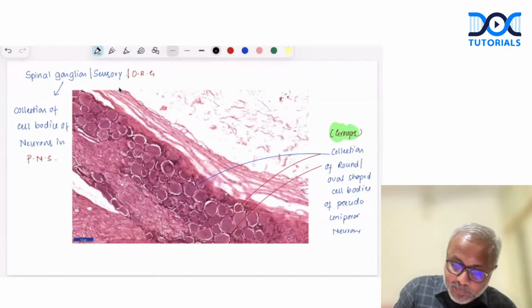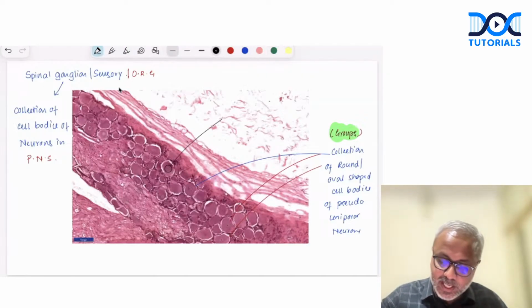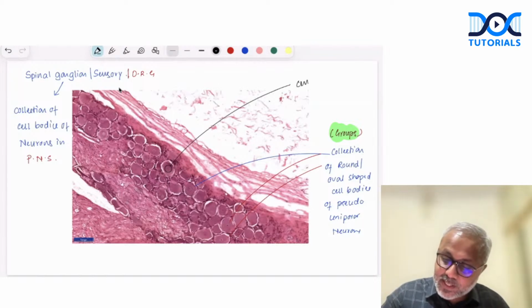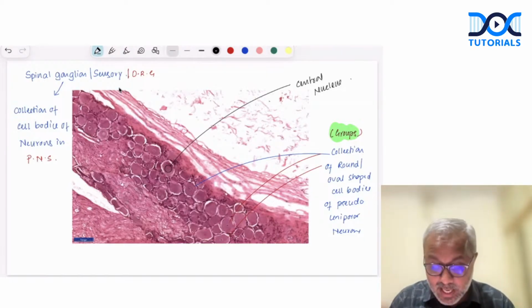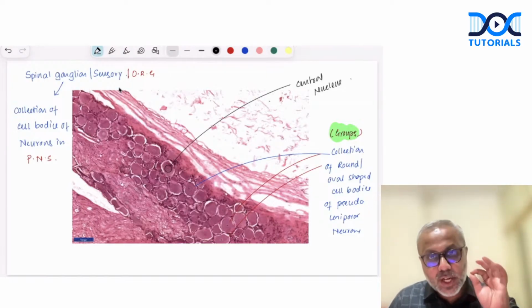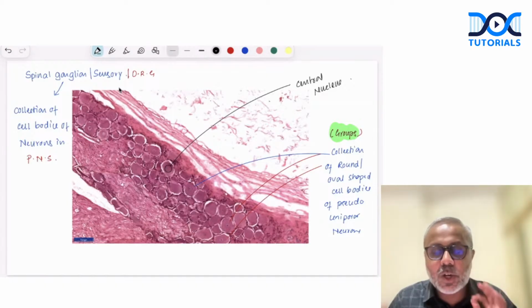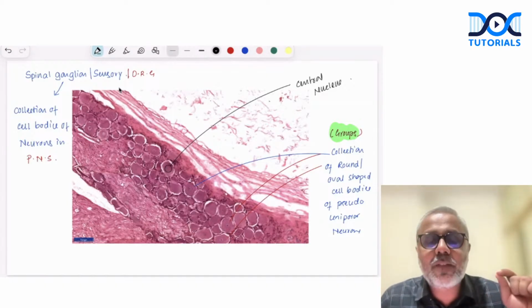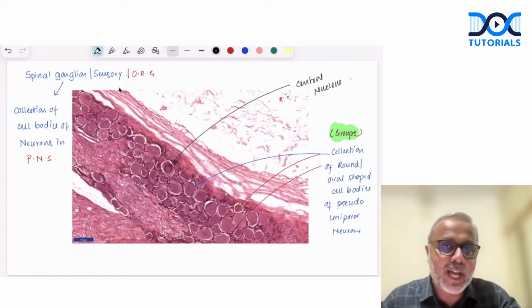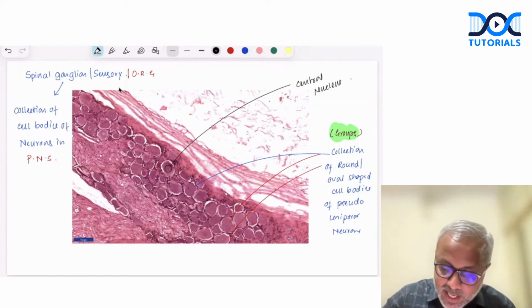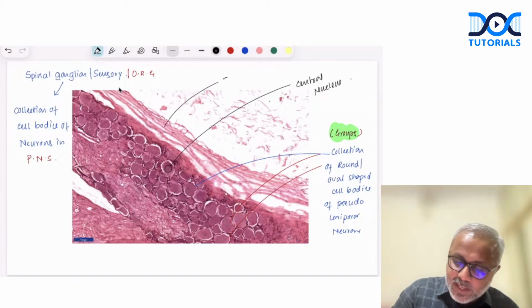Now, what is this? Remember, this is the central nucleus, right? This is the central nucleus. A central nucleus in a round shaped cell body of a neuron is the typical feature of the sensory ganglion or dorsal root ganglion. Apart from this, we can identify a thick capsule, right?